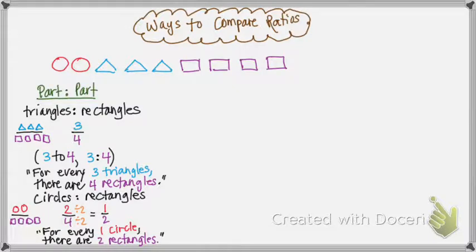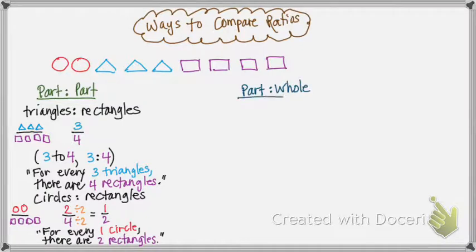Okay, so that's called part to part, where I'm looking at a piece of what I have compared to a different piece. Now let's change it up, and we're going to talk part to whole.